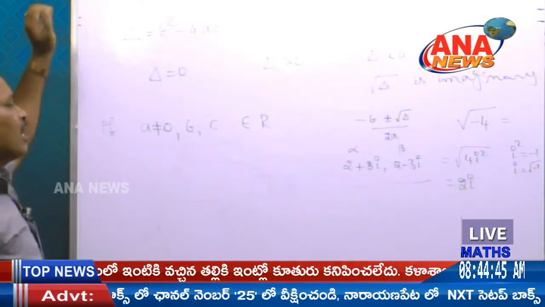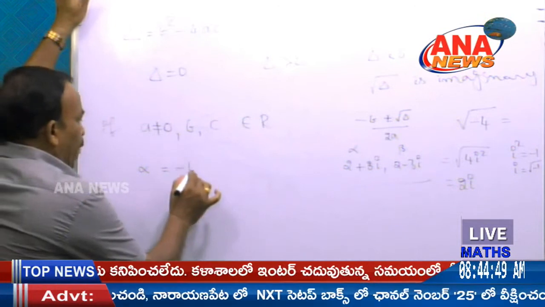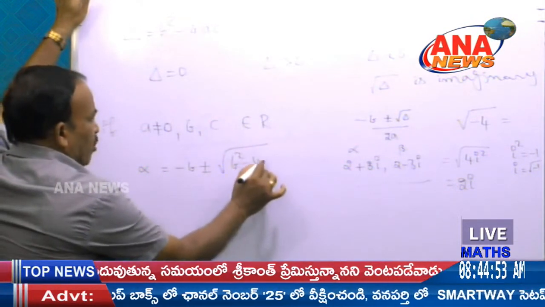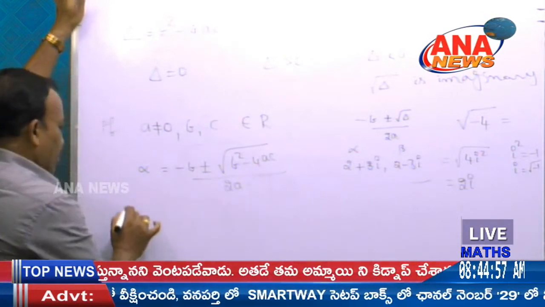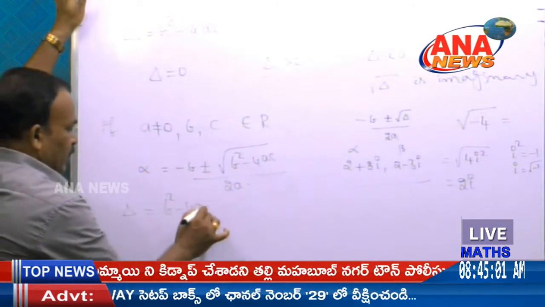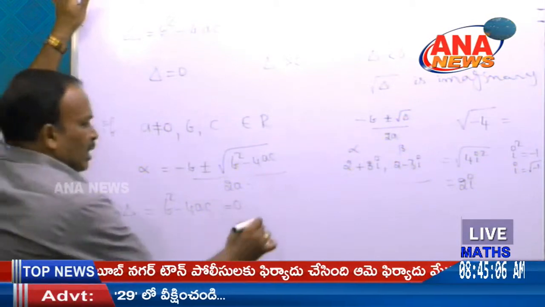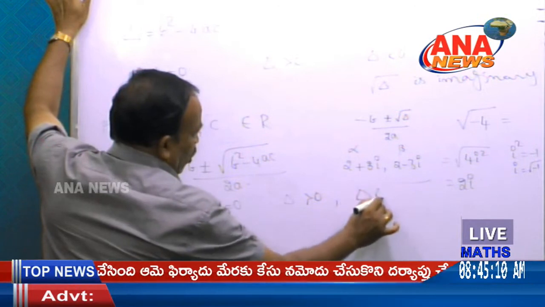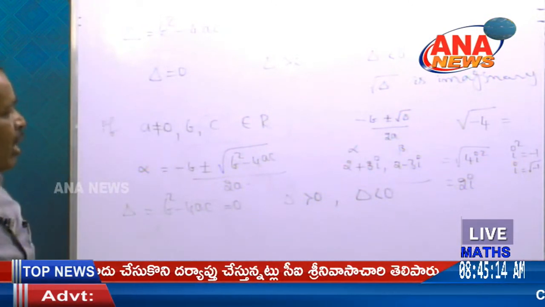If a, b, c are real values, alpha is equal to minus b plus or minus root over b square minus 4ac by 2a. Here, what is delta? Delta is b square minus 4ac. One case is delta equal to 0, another case is delta greater than 0, and another case is delta less than 0.